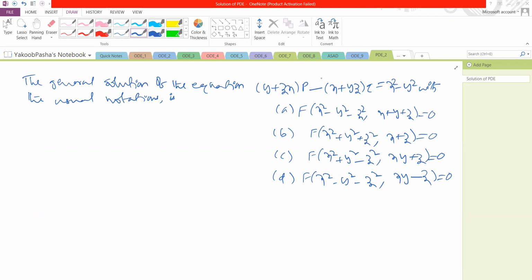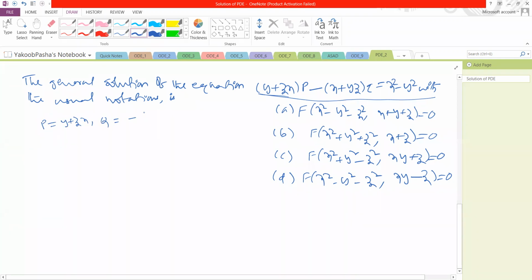First, we have to compare the given differential equation, the given PDE, with Pp plus Qq is equal to R. So we write the P value, that is capital P is equal to y plus zx, and Q is equal to minus of x plus yz. R is equal to x square minus y square.